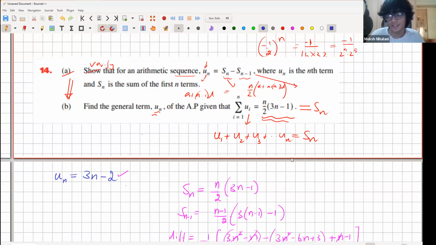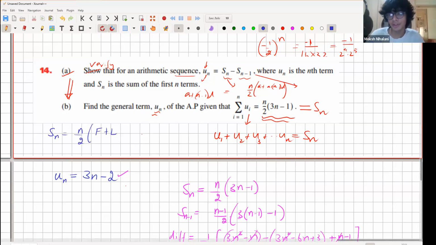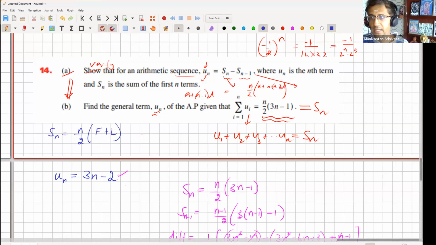So Sn is n upon 2 times the average of the nth term and the first term, right? So we can just cancel the n upon 2 from the Sn formula and this sigma, the expression in the sigma. So we can tell 3n minus 1 is just the initial number, a, plus the last number.